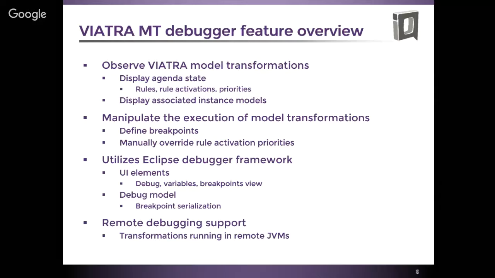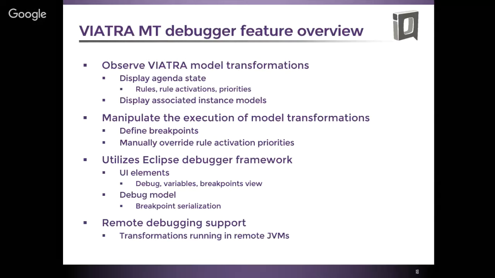This can be done either by defining specific model transformation scope breakpoints, and also manually overriding the execution sequence of the individual activations. And this includes the regular Java debug actions, for example, stepping, continuing, or terminating the transformation under debugging.